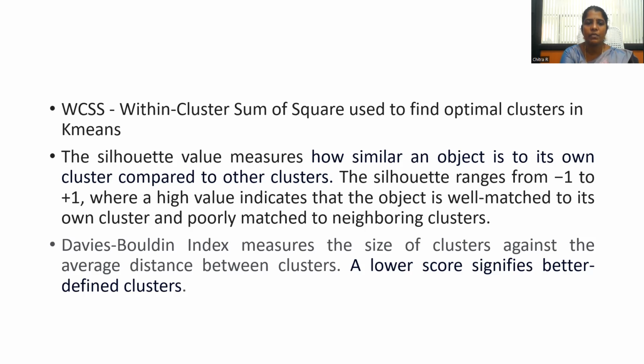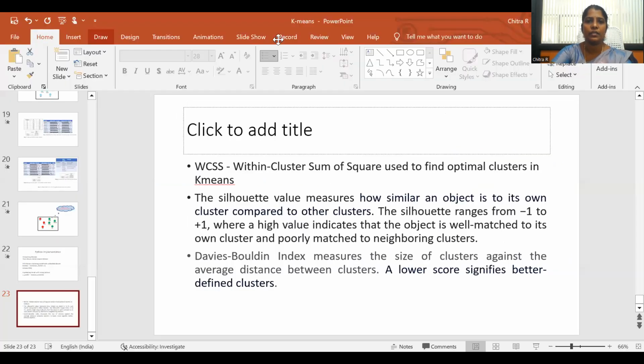The Davies-Bouldin index measures the size of clusters against the average distance between clusters, that is, how far apart the clusters are. A lower score indicates good clustering. For good clustering, the silhouette score must be high and the Davies-Bouldin score must be low. Now we will see the Python code for this.